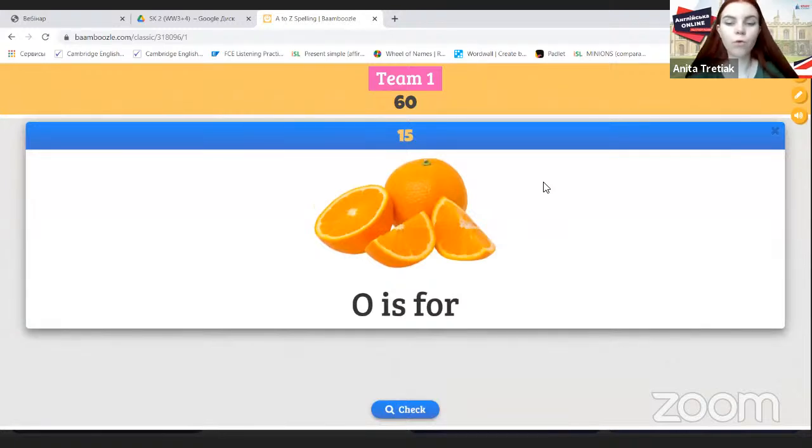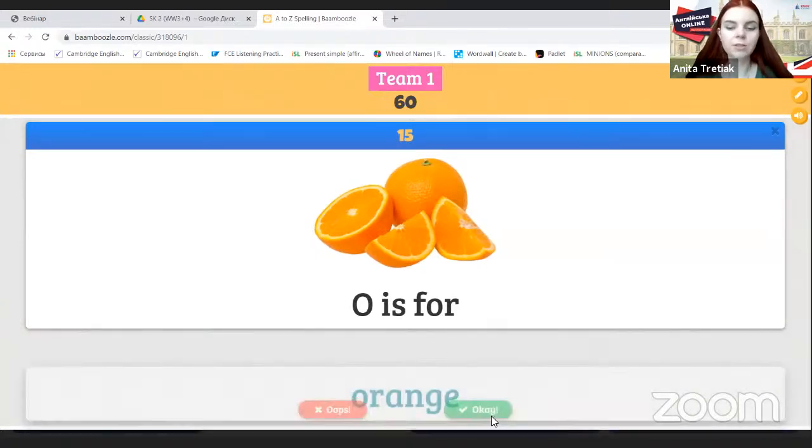O is for. Yeah, you're right with this one as well. O is for orange.